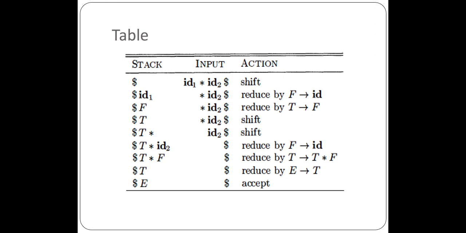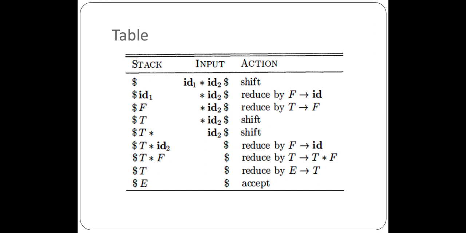In stack you have various symbols where we apply the productions. And in input, initially we have the input string, and finally you will have dollar alone, where in stack initially you have dollar and finally we have the start symbol.